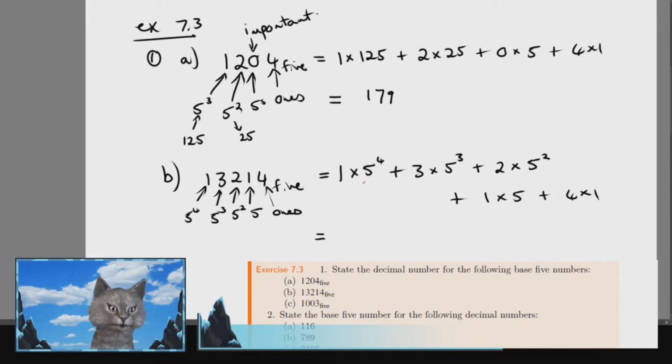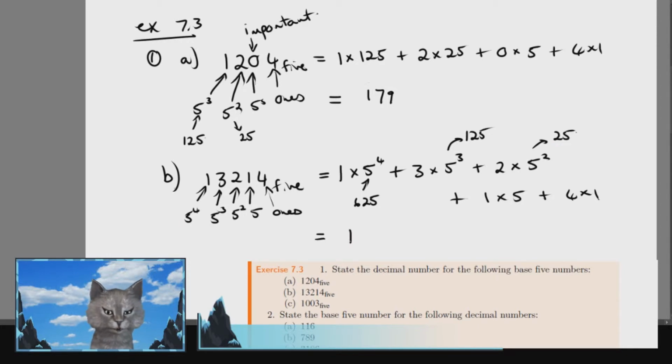It's handy to know what these guys are. 5 to the 4, we'll get used to 625. 5 cubed is 125. 5 squared we should know is 25. We get our calculator and let's see what that is. So I have one group of 625 plus 3 groups of 125 plus 2 groups of 25 plus 1 group of 5 plus 4 singles.